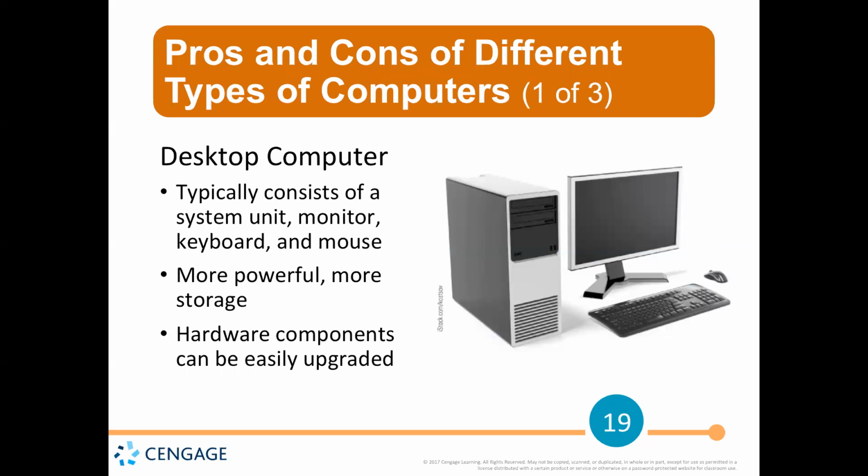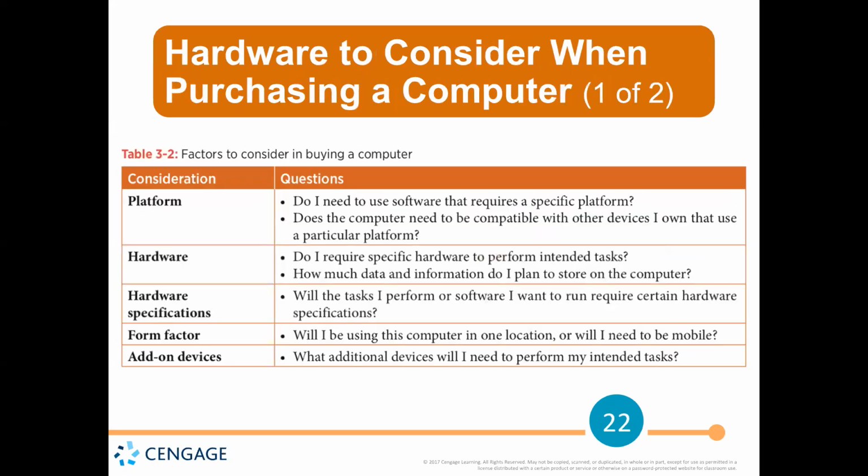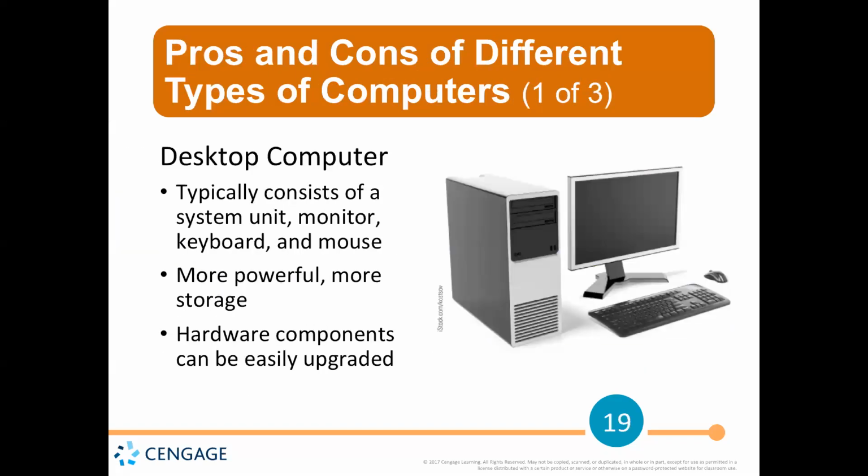Okay, so I think probably the last topic, or maybe close to the last topic here, is going to be pros and cons of different computers. So there's a desktop computer, an all-in-one computer, and a mobile device, okay? And let's just talk about each one. So this is the typical one. This is the one that you'd see in the classroom.